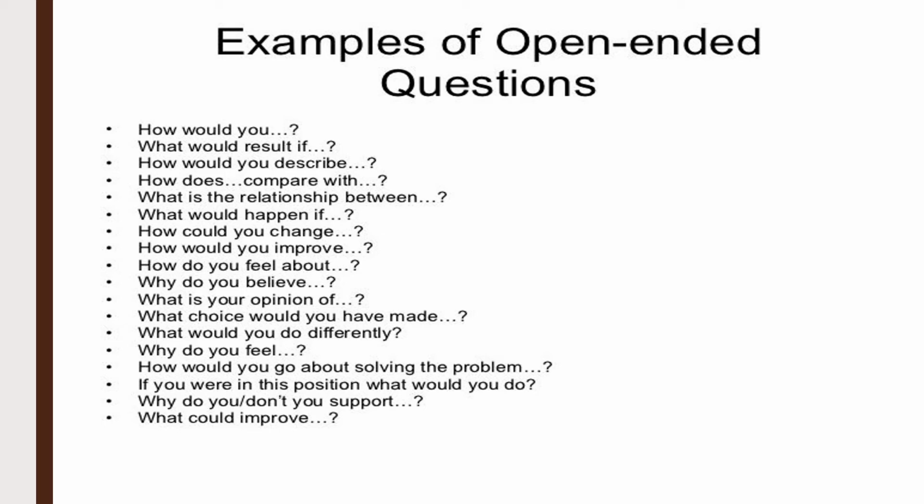But open-ended questions are door openers. And what they do is they absolutely will allow a person again to vent and to really be able to express themselves. Why is that important?